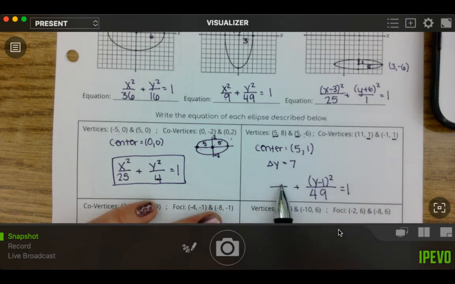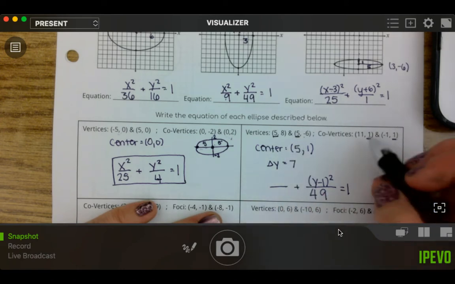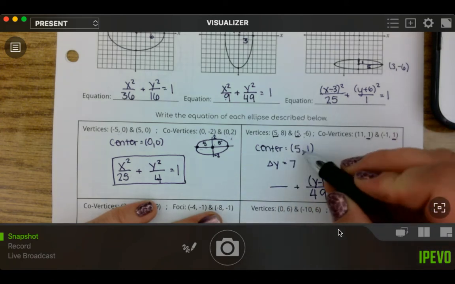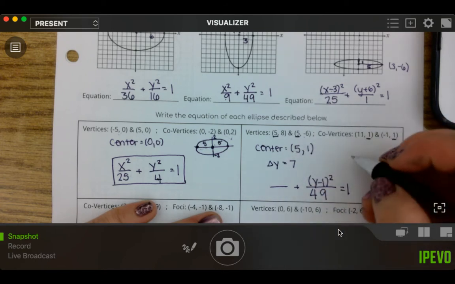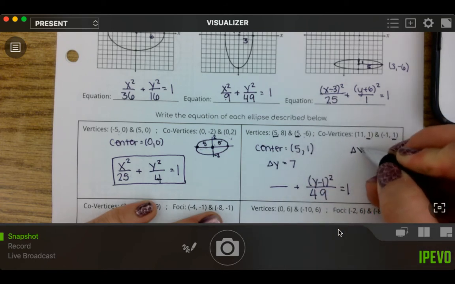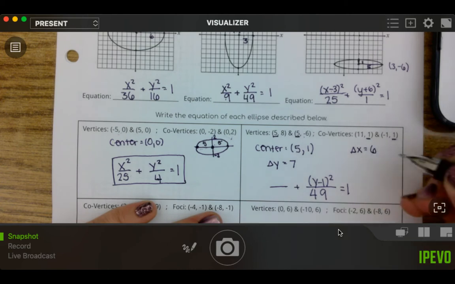And then I'll talk about my x values for a second. So I can't use my x values here because I don't know how far apart they are yet. I have to use this distance over here. So from 5 to 11, or from 5 to -1, that's a distance of 6.